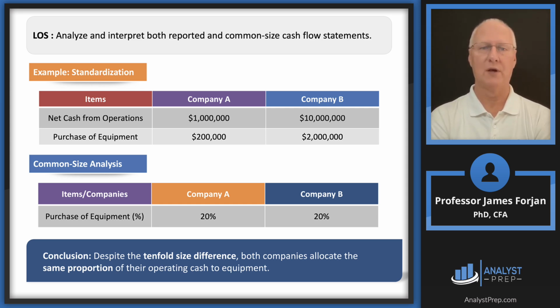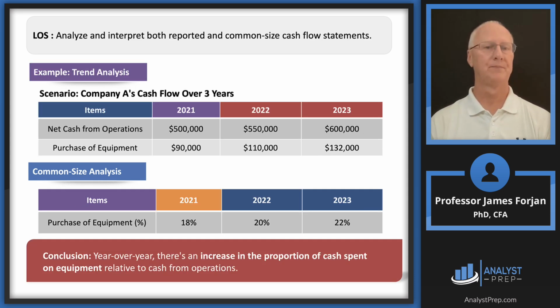We're comparing company A to company B. So clearly company B is massive compared to company A. But if you do this common size analysis, what are we doing comparing against our neighbors? Then you see that, hey, my gosh, company A, company B, 20%. They allocate the identical percentages of their operating cash flows to equipment.